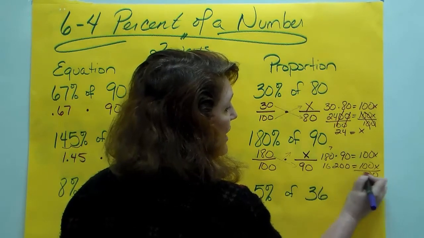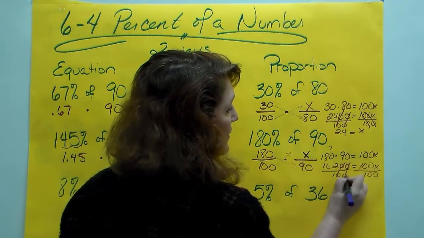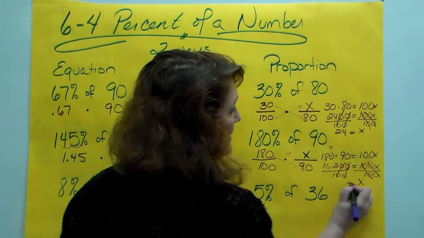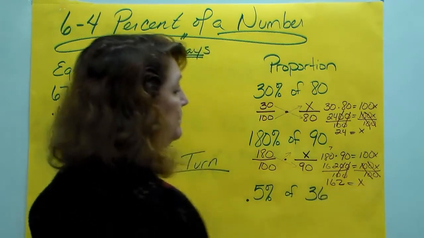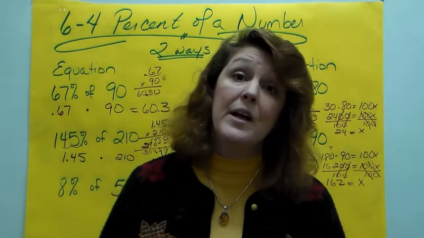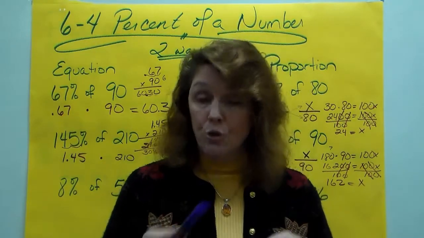So I'm going to divide each side by 100. And x equals 162. Not too shabby. Your turn.